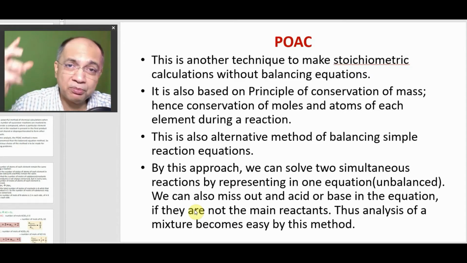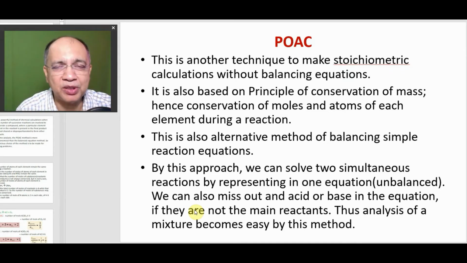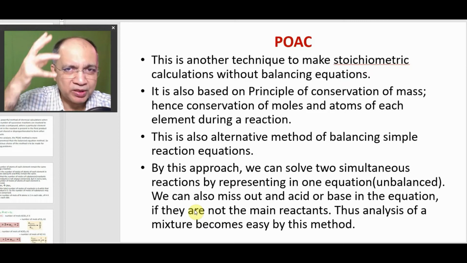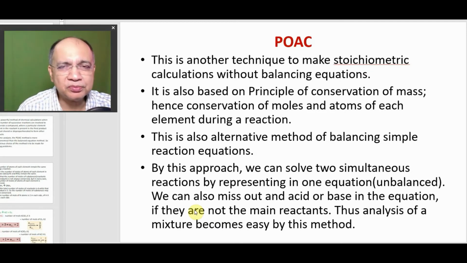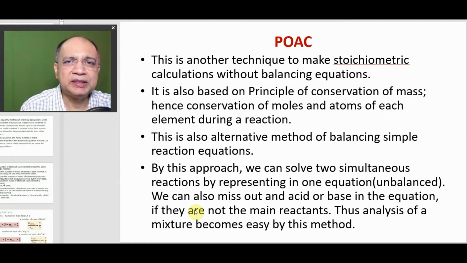So here we can put both calcium carbonate and magnesium carbonate in one equation, and we will see how calcium atoms and magnesium atoms are conserved in the reaction. Right? We'll see a large number of examples we shall take.